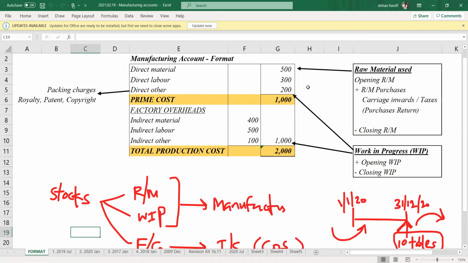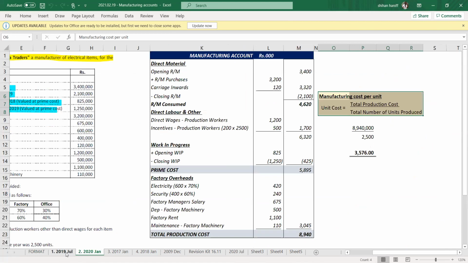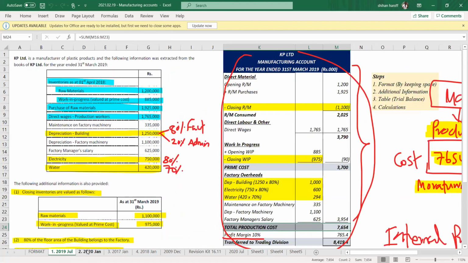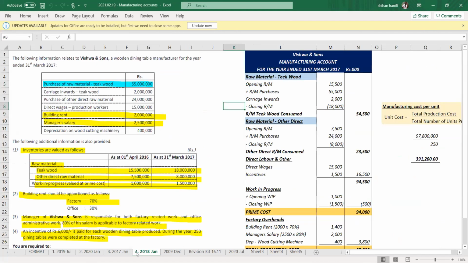In our last session, I was discussing manufacturing accounts, and we did 4 questions related to manufacturing accounts. 4 very basic questions.